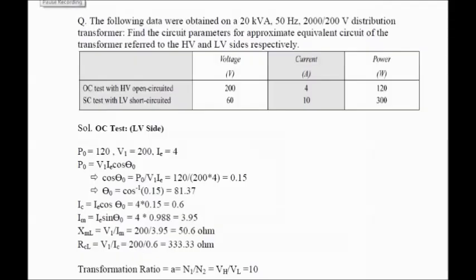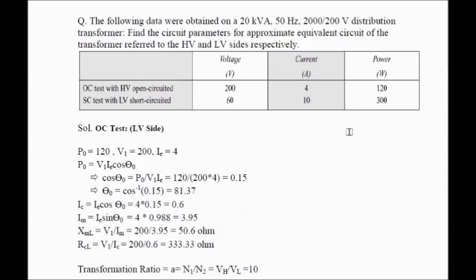The question is, here we have the following data obtained on a 20 kVA 50 Hz 2000/200 volt distribution transformer. Find the circuit parameters for the approximate equivalent circuit of the transformer referred to the high voltage and low voltage side respectively.